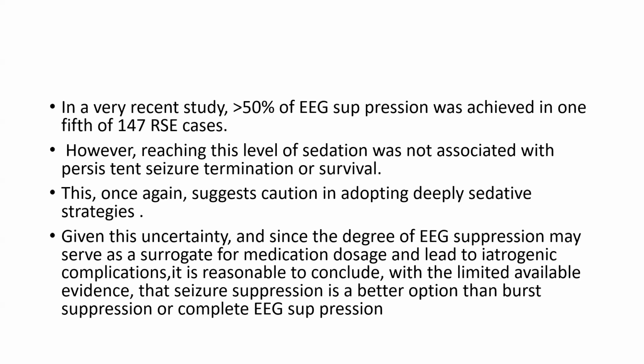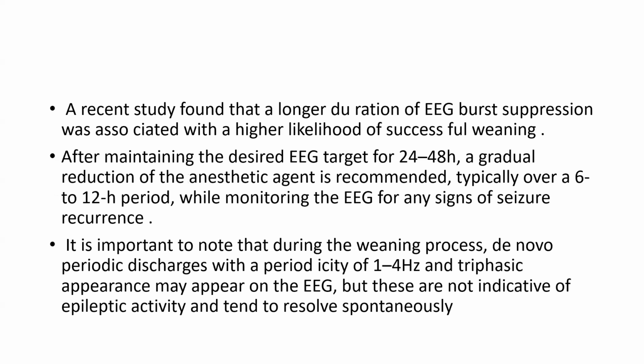Given this uncertainty, since the degree of EEG suppression may serve as a surrogate for medication dosage and lead to iatrogenic complication, it is reasonable to conclude with limited available evidence that seizure suppression is a better option than burst suppression and complete EEG suppression. A recent study found that longer duration of EEG suppression was associated with higher likelihood of successful weaning.